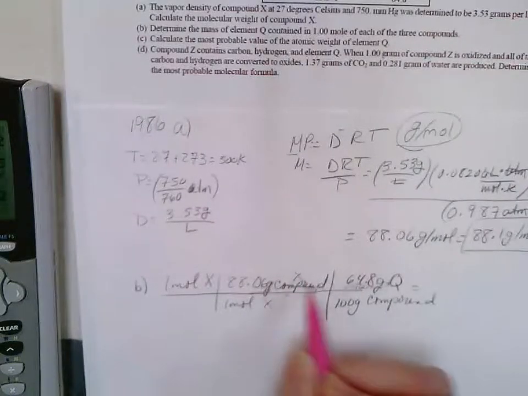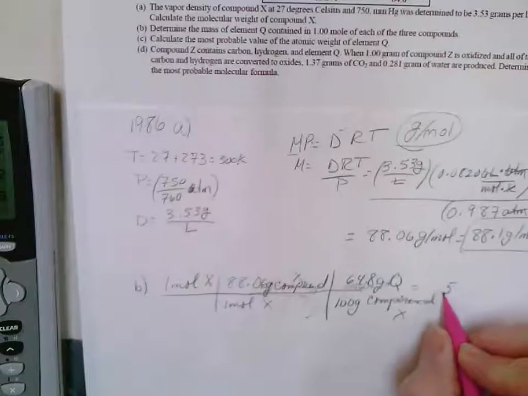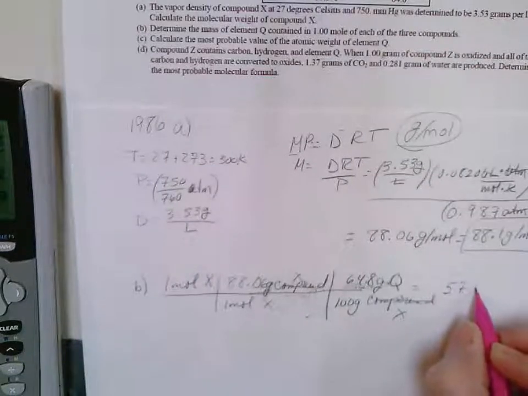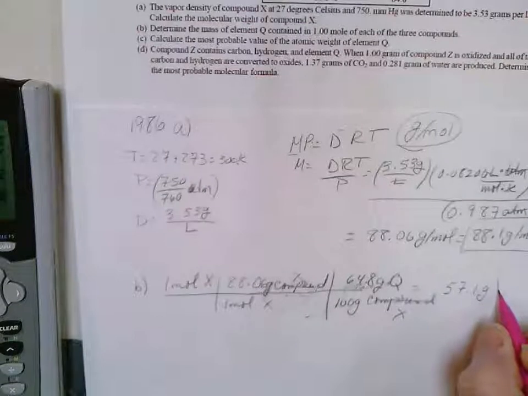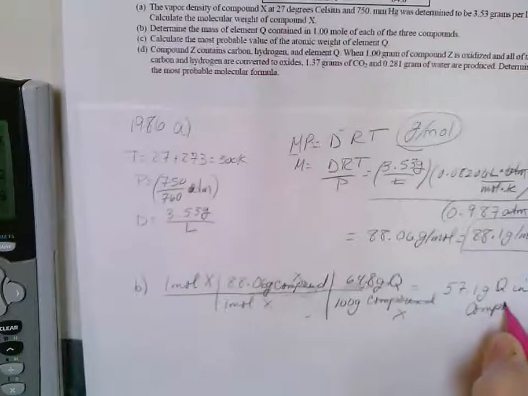And so the compound is actually X, right? So I'm going to start with 88.06 times 64.8 divided by 100 equals, I have 57.1 grams of Q in compound X.